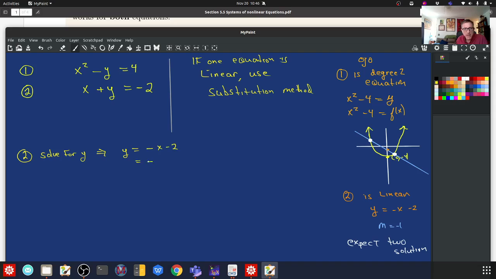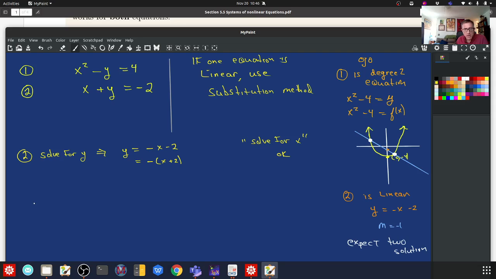Now, you may not like that minus sign. If you don't, then solve for x instead of y. Then you'll get x is equal to minus y minus 2. So there's not going to be anything we can really do, but that's going to be okay.